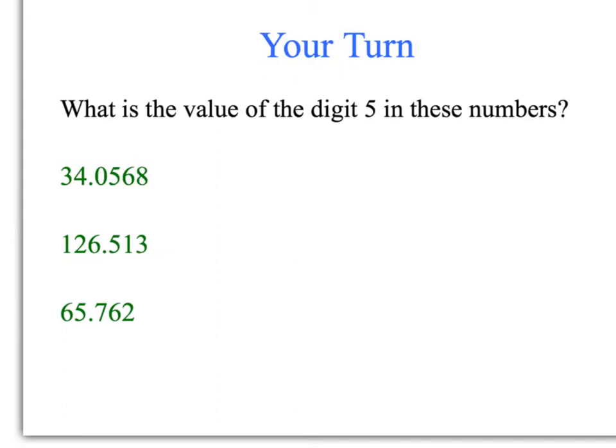Okay, so the first one, the 5 is in the second place after the decimal point, so it is 5 hundredths. The second one here is in the first place, and remember the first place is tenths, so that's 5 tenths.